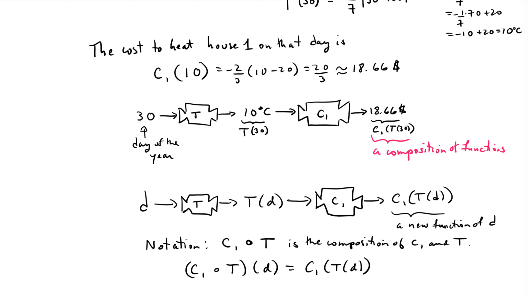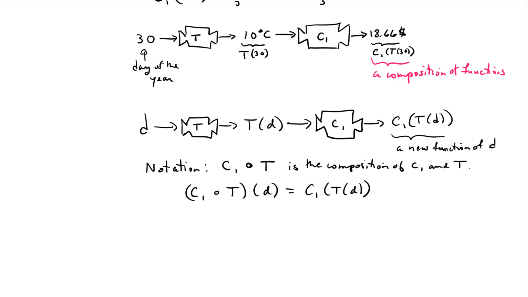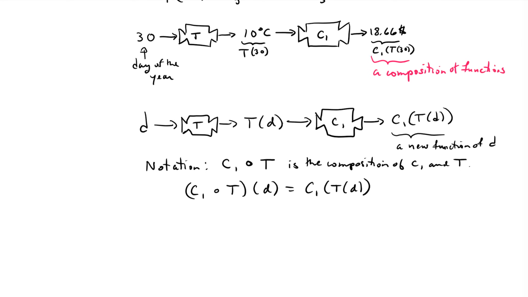So it's a new function of d, which gives here the cost to heat the house, not as a function of temperature now, but as a function of the day.